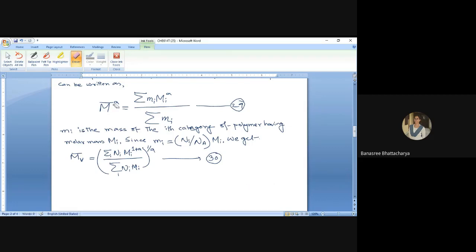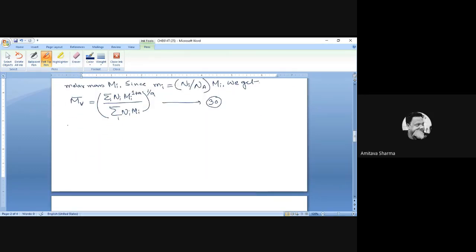So what I am saying is that, in general, the number average has the highest molar mass, then the volume average, then the mass average.